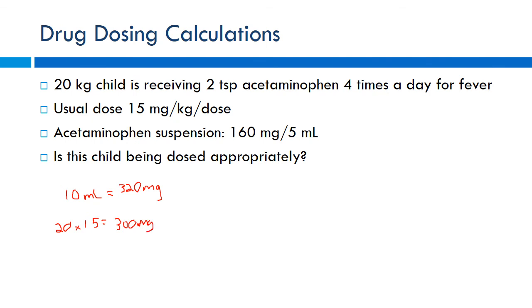And we can see here that he's actually getting 320. Usually within a 10% range, you're probably fine. Getting a little bit of an overdose, 320 versus 300, clinically is not going to make a huge difference. So you could say, yeah, that's enough for him. Just go ahead and stick with the 2 teaspoons as long as the mom's actually measuring out 10 mLs. Then that should be totally appropriate for that child.